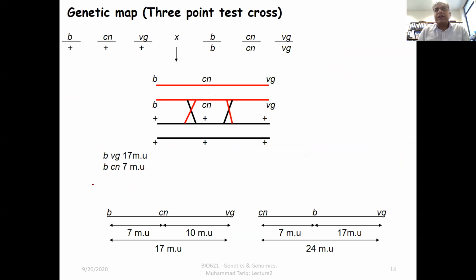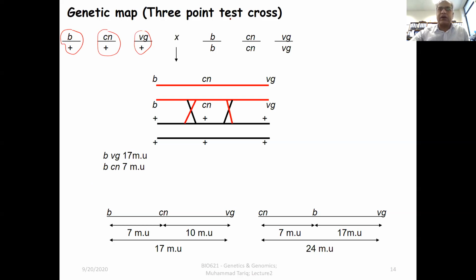If we start analyzing 3 traits, will we get parentals, non-parentals, etc.? The question in front of you is that you are studying 3 different traits at the same time, for example black, cinnabar, and vestigial.